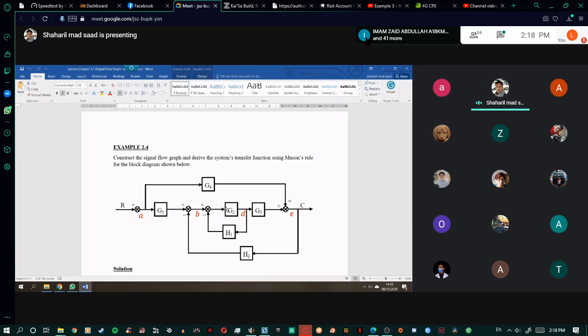And then you solve this one, and then you bring the G function to the right, and then you can solve after that. You can solve maybe this one and the middle one H2.